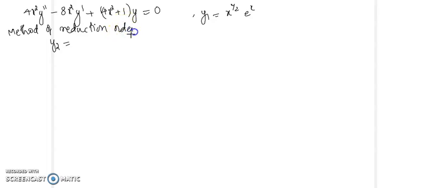So if you have one solution of a second order differential equation, you can obtain the second solution as y2 equal to u y1, where u is equal to integral 1 by y1 square e raised to minus integral p dx.